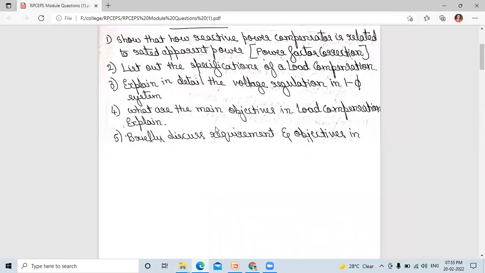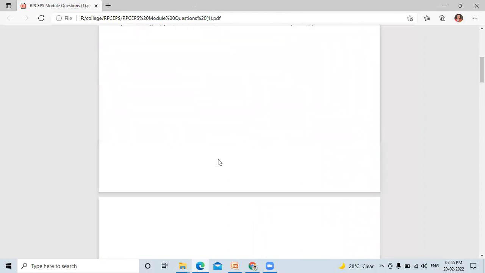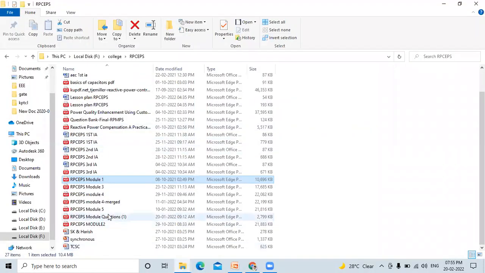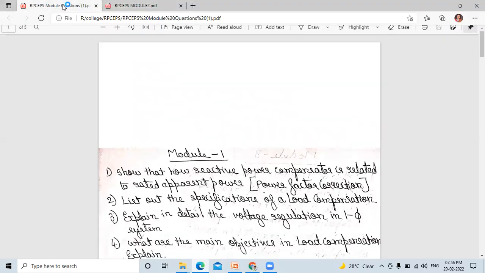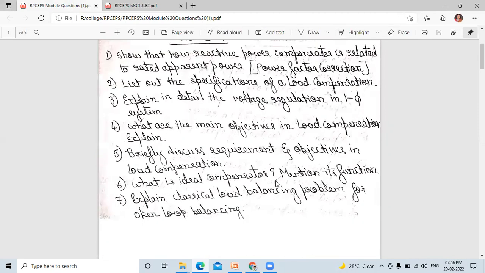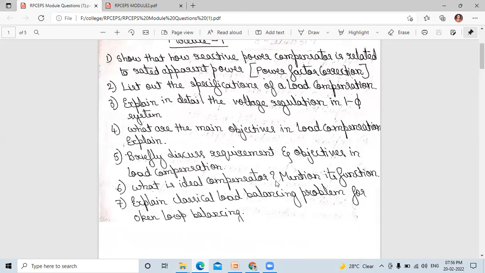Next we shall discuss the model 2 questions. Model 1 questions are there.